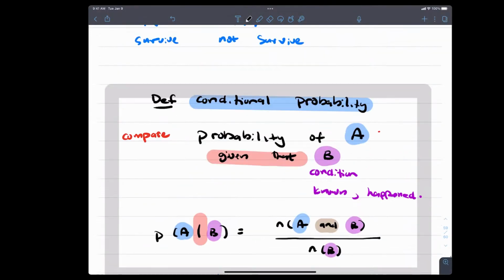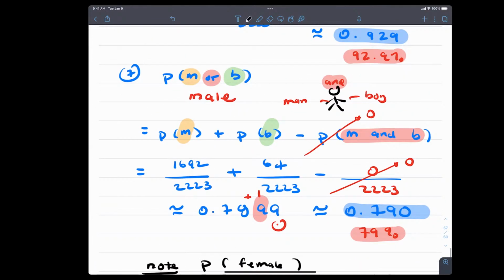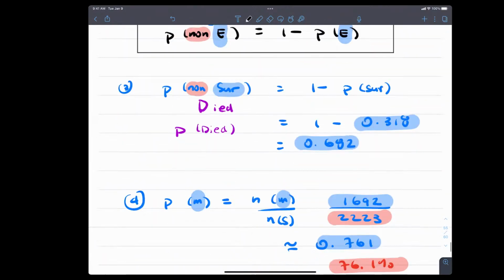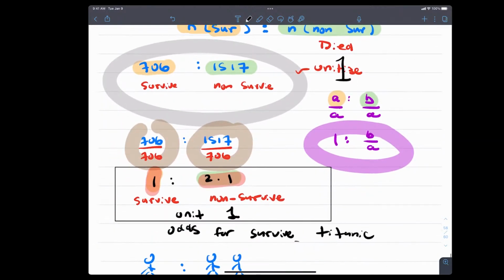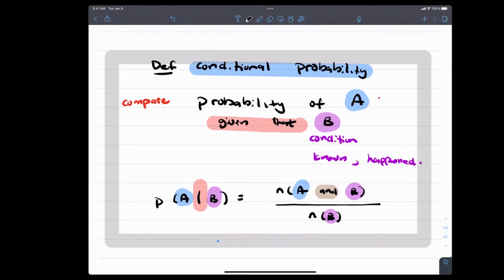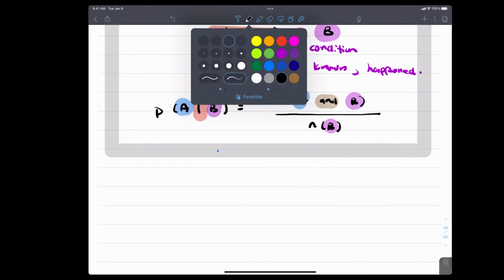Now let me go back and double check. I didn't give this to you. These are all the notes. Yeah, okay. Let's go back to the Titanic here. See if I can find it here. All right. Here's what I'm going to say to you guys. Who's more likely to survive, do you think? Here's my big question.